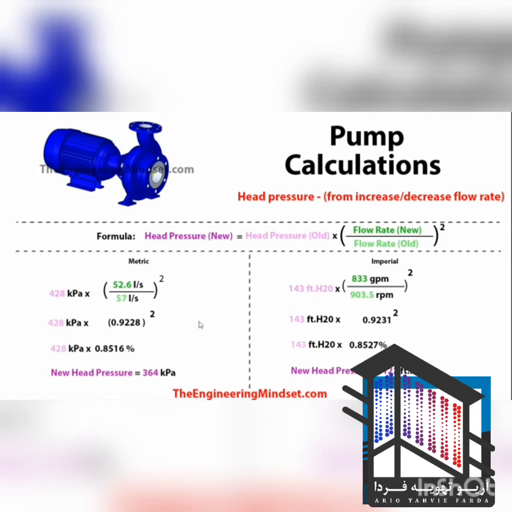So if we drop some of the numbers in, we can see how this plays out. Also remember to do the division and then square this number, and then you get to your final number, which is just your ratio or percent. Drop these in, multiply them out, and you'll see you come to 364 kPa or 122 feet of water.